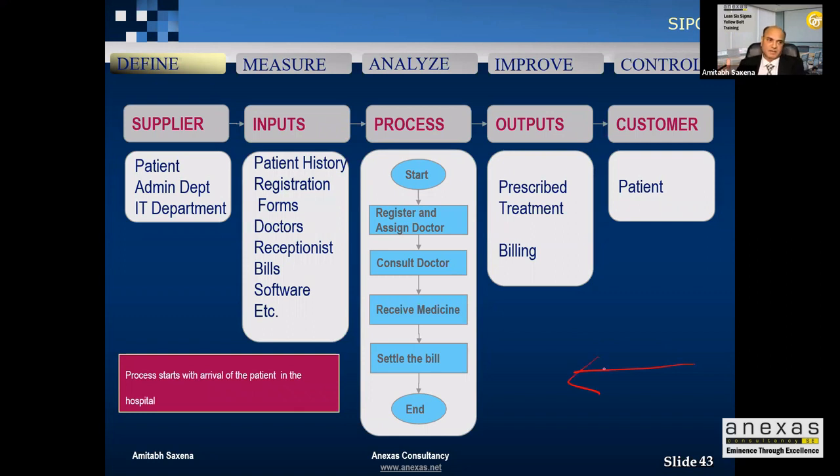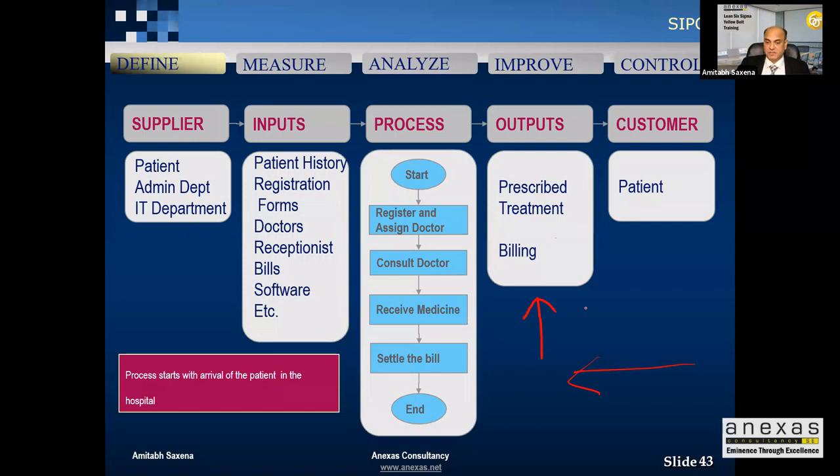Generally when we make a SIPOC, in Green Belt, we do an exercise of making a SIPOC. Everyone makes a SIPOC. We start with customer, then identify the output, process, input, suppliers. So here, the output is prescribed treatment, process is some basic steps, inputs are there, and suppliers. This gives you the 50,000 feet view of my overall process.